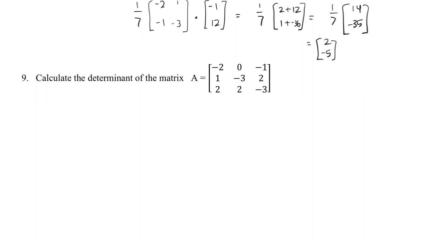All right, the determinant of matrix A. This is from section 6.4. So I'm going to copy this column to the right side and then this column to the right side of that.